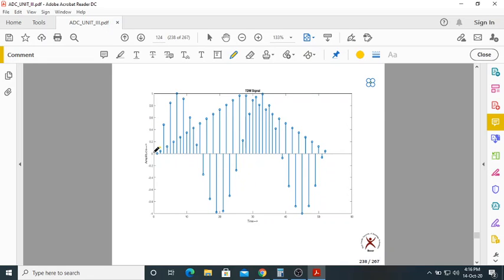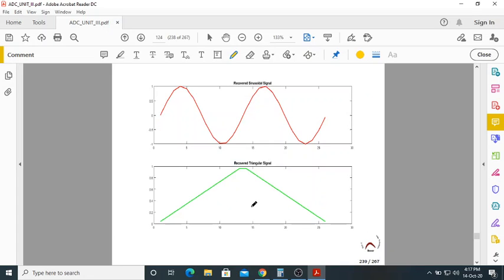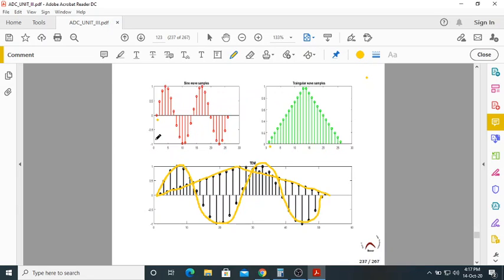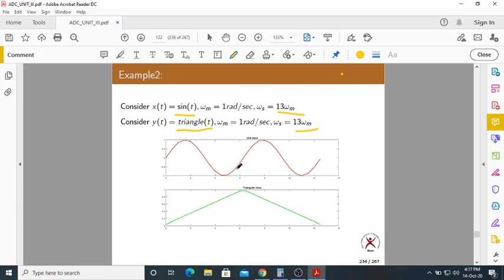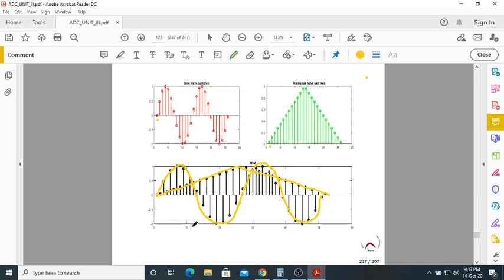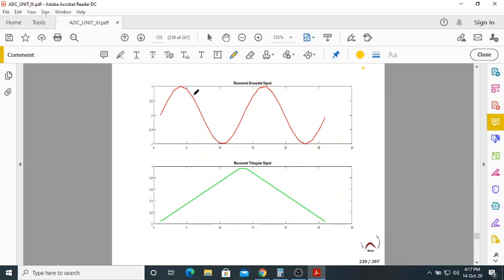These two samples are the first samples of both signals, and these two are the second samples of both signals, and so on. These two are the last samples of both signals. And this is the reconstruction or recovery. This is what is being transmitted. These two are transmitted using TDM, and these two are received at the receiver, and they are almost similar.